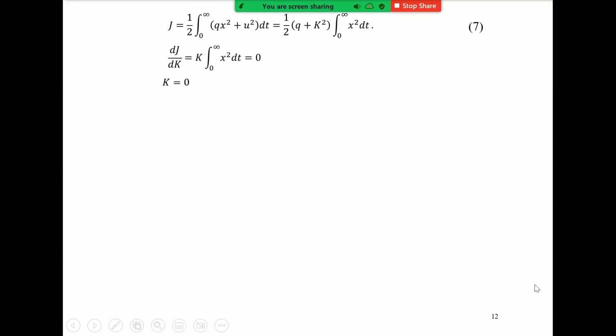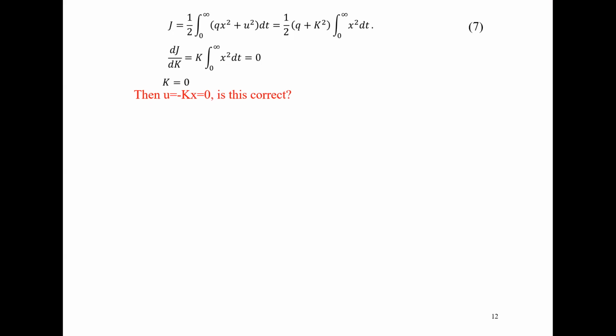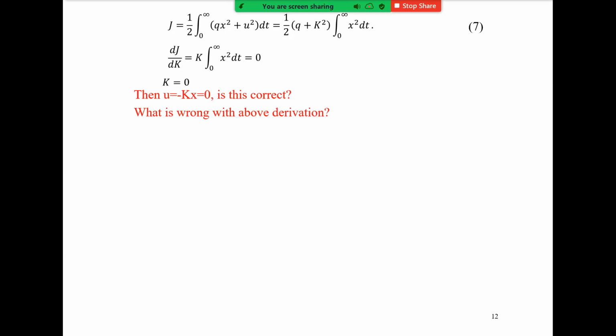Then we get k equals 0. Then the input equals 0. Is this correct? Something must be wrong with this whole procedure. Which step did I make a mistake in? What was wrong?